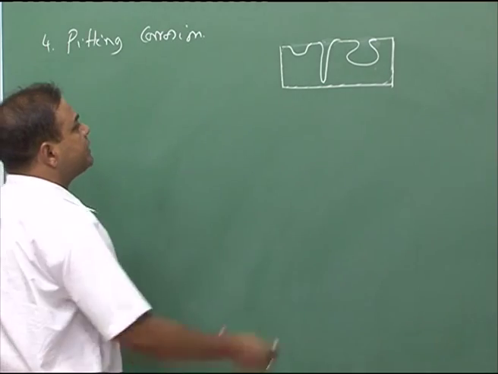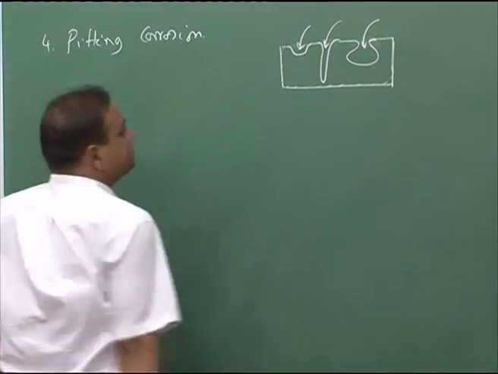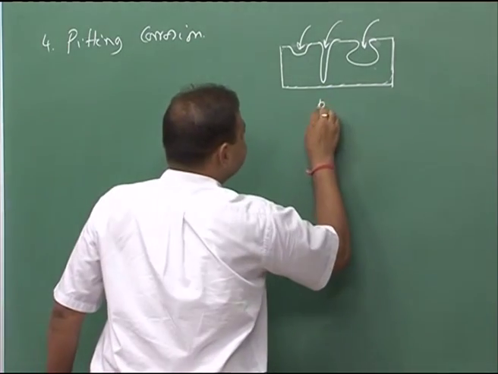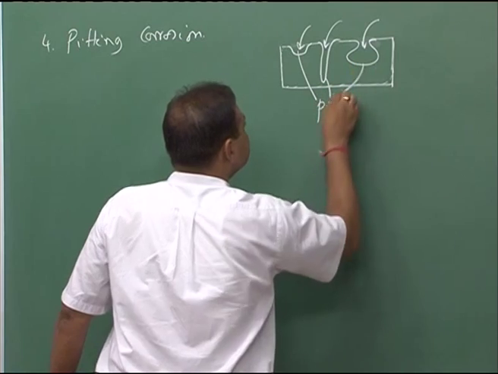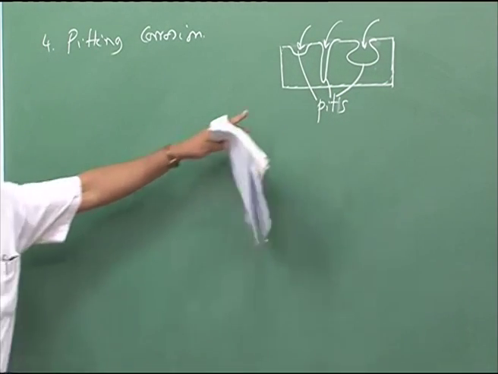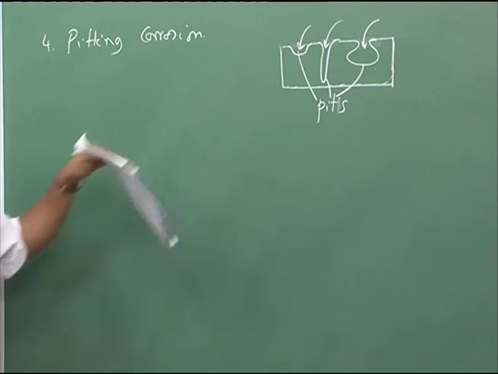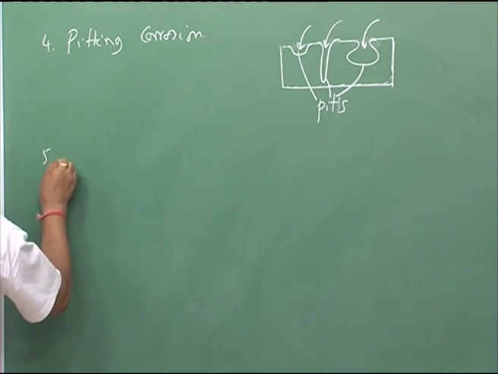All the corrosion will be concentrated on the pitting part. So, these are pits, and this is an example of how the appearance would be in case of pitting corrosion. Then we have intergranular corrosion.